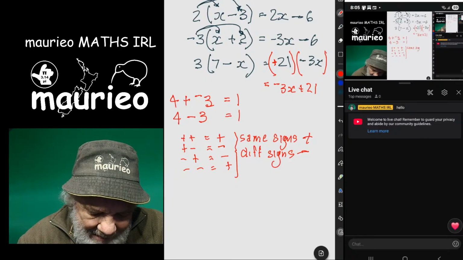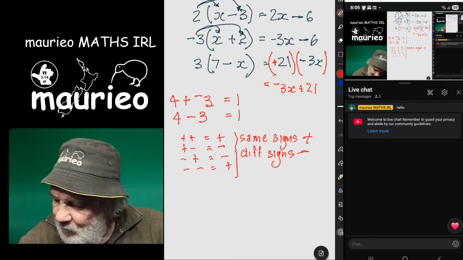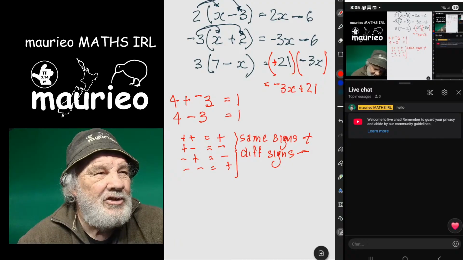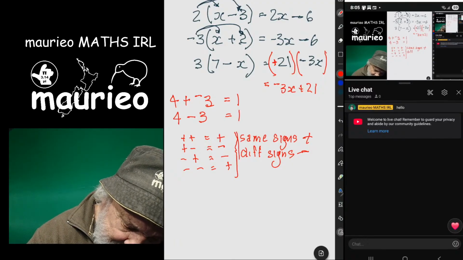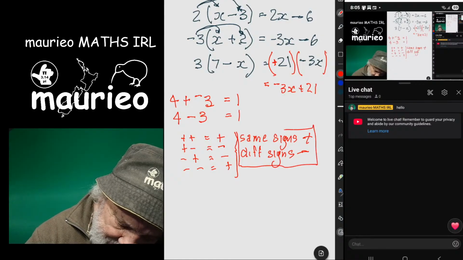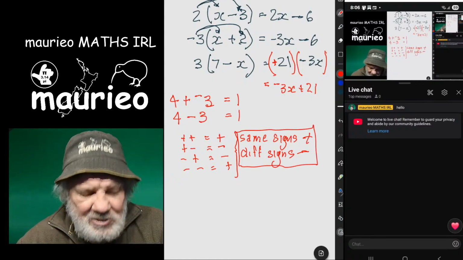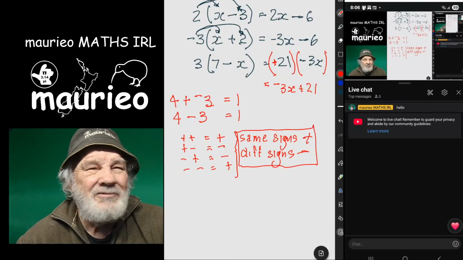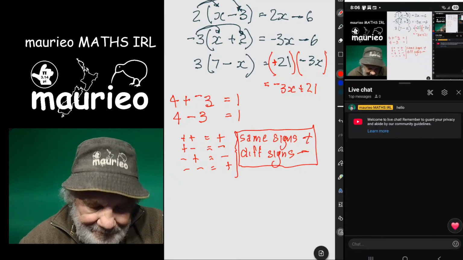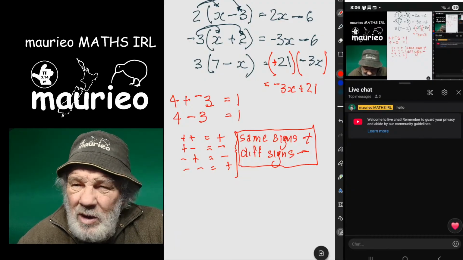It's the same for multiplication and division as well. Nice little rule that you probably expected to know. That's how we roll.